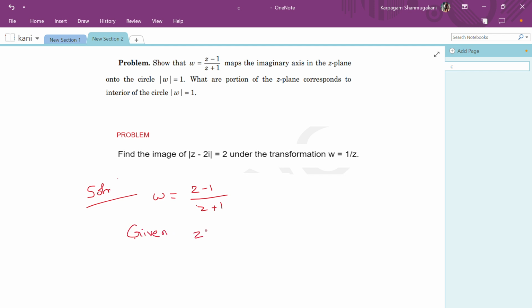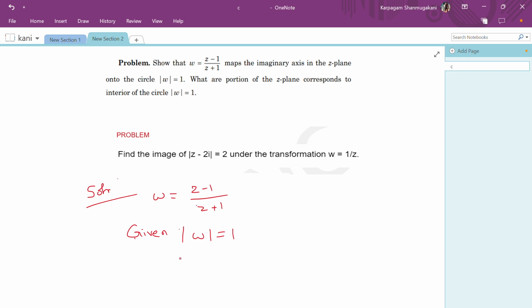Given circle is modulus of W equal to 1, which means center 0 and radius 1.